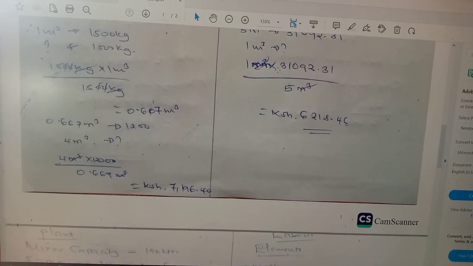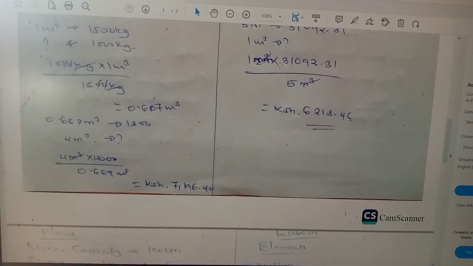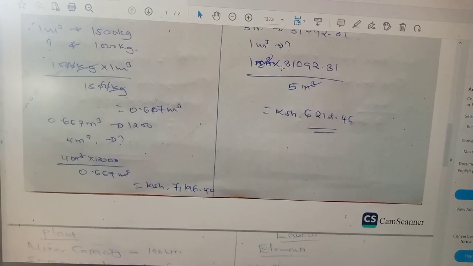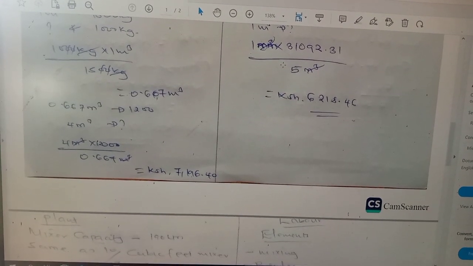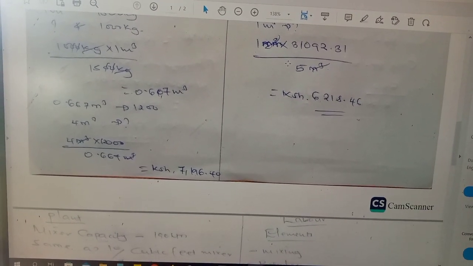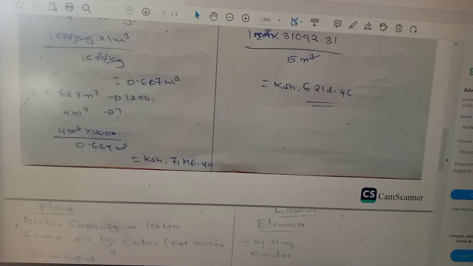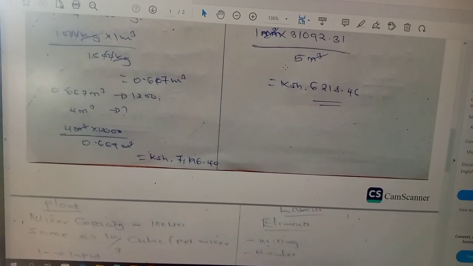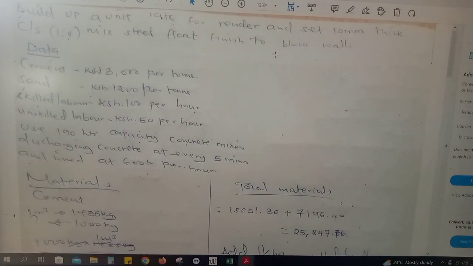Then we were given the cost of sand per ton. So you'll say 0.667 meter cube is equal to 1,200, which is the cost per ton of sand. What of 4 meter cube? Why have I written 4? I've written 4 because the ratio that we were told in the question was 1 to 4.